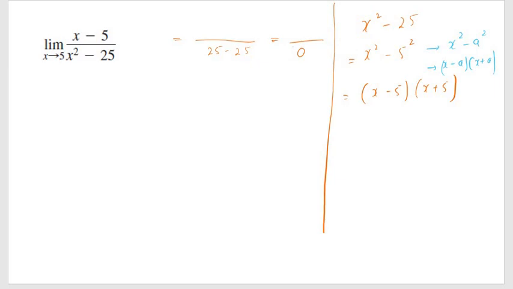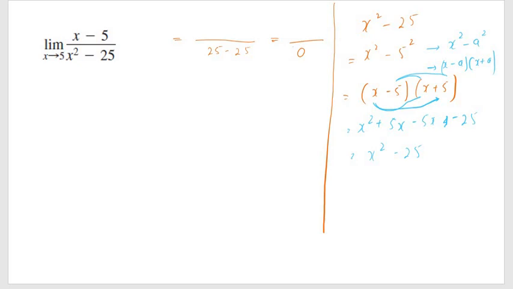Let's see whether this is true. We multiply x by x to get x squared, then plus 5x minus 5x, and minus 25. So this is equal to x squared minus 25.